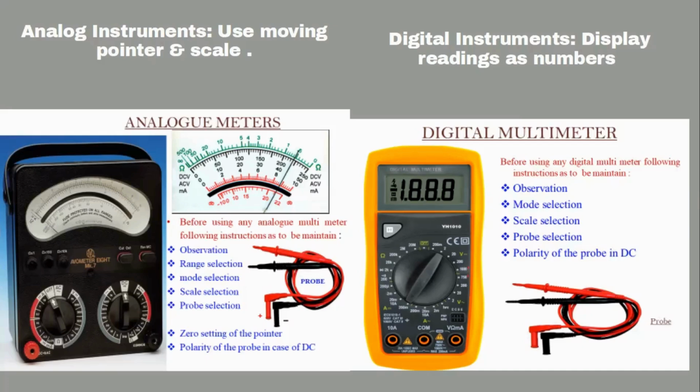And please remember, when you are measuring, the polarity of the probes is very, very important. These points are very important for industry also, especially for internship students who want to join manufacturing, production and service industry. They should compulsorily have this knowledge.